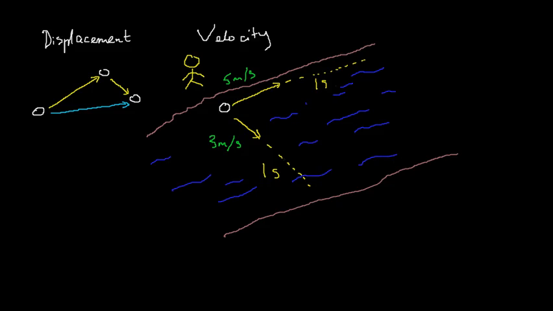So we might imagine that there is a simultaneous motion in the two directions, both along the original direction and along here by 5 meters.